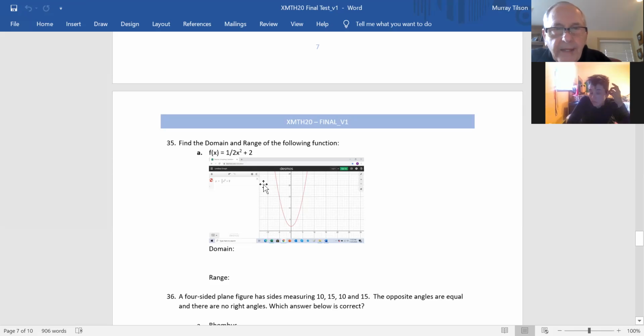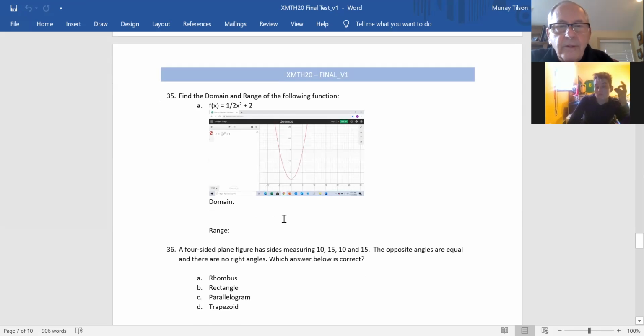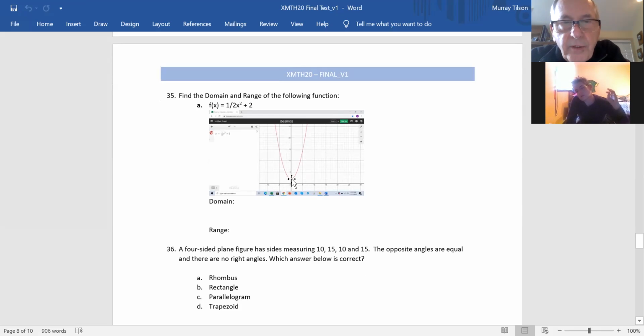Now, that's the domain. Now, the range is the y values. If you could see it at 2, there's nothing below 2 on the y-axis. There's nothing down here. That means the range starts at 2 and goes positive.